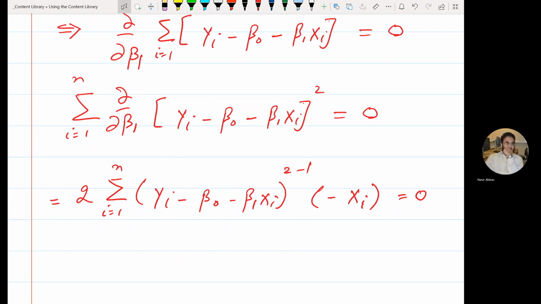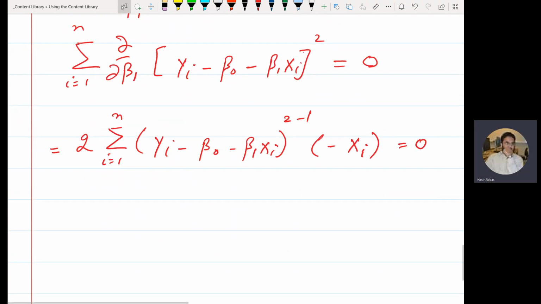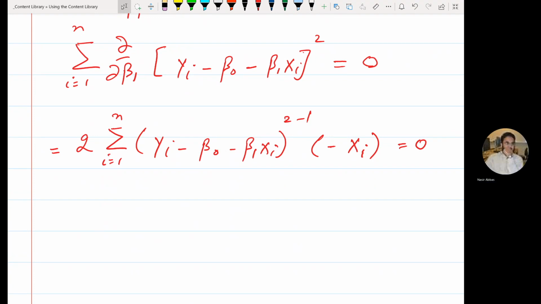Yes? The derivative will be applied: power 2 minus 1 multiplied by the derivative of the base. And then again, I took 2 as a constant and took it outside the summation. Clear? Any confusion at this point? Yes.